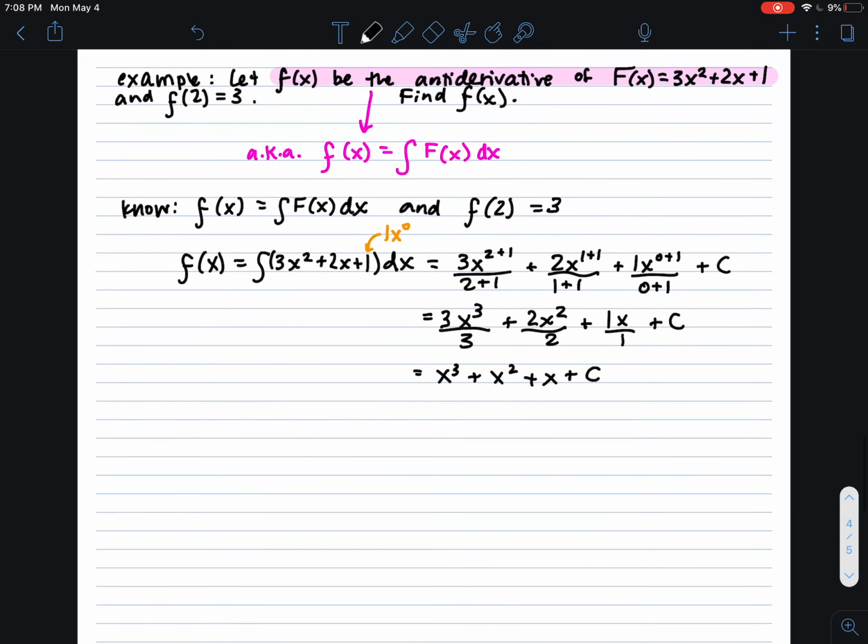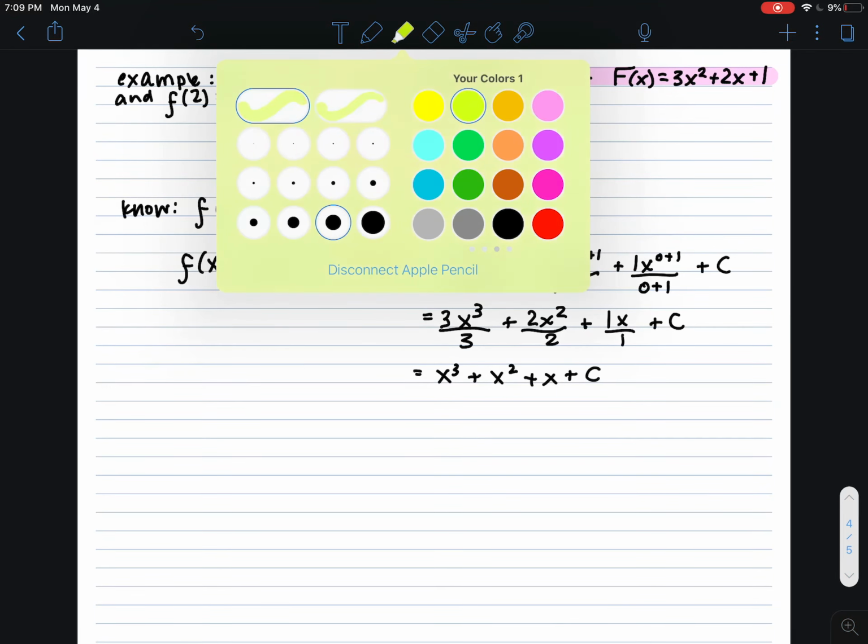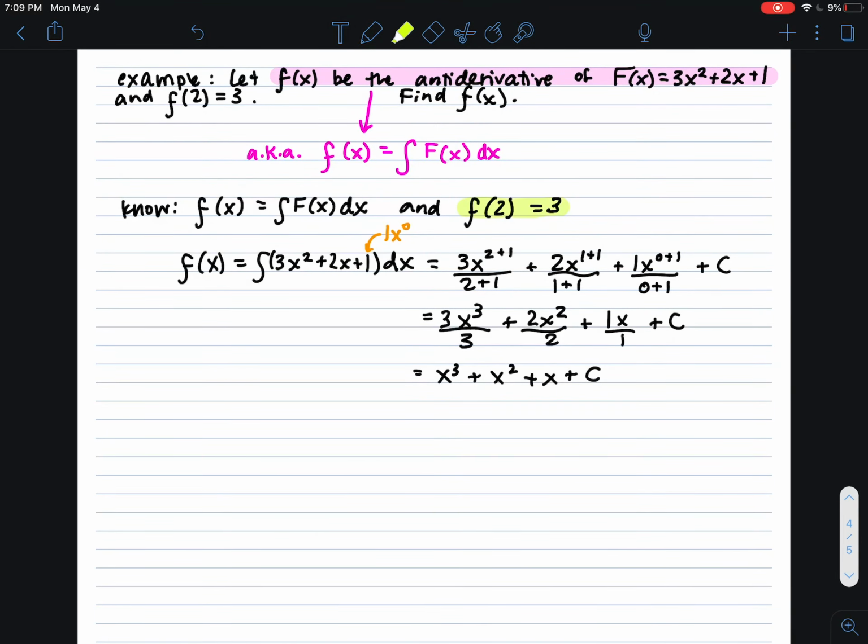Now, we can't leave our answer with this c because that's not a specific antiderivative. They gave us an additional piece of information. They told us that f of 2 is equal to 3, so we're going to use that to find this c. So we have little f of 2 is equal to 3, and from the integral we just took, we have that little f of x is equal to x cubed plus x squared plus x plus some constant c.